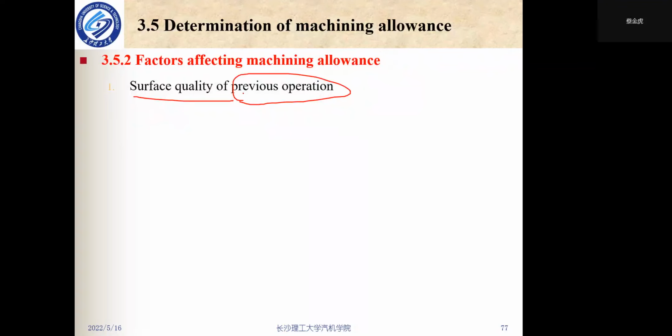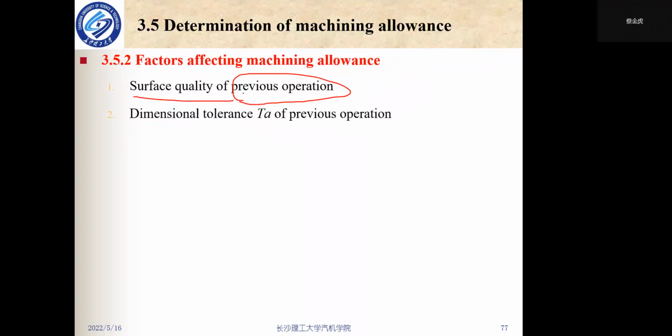Therefore, the surface quality of previous operation is a factor which will affect the machining allowance. And the second factor is dimensional tolerance of previous operation.